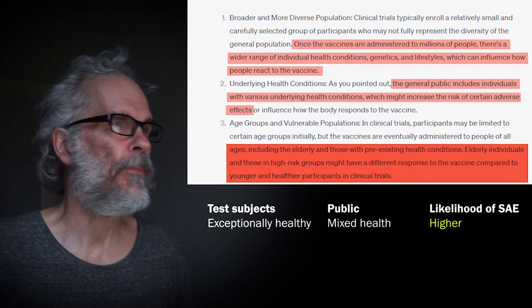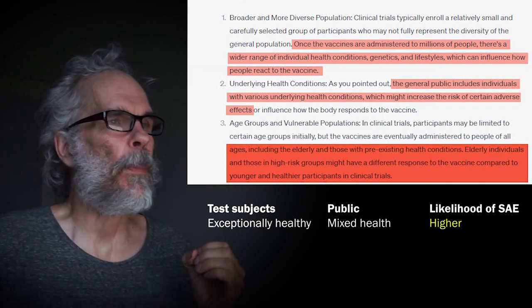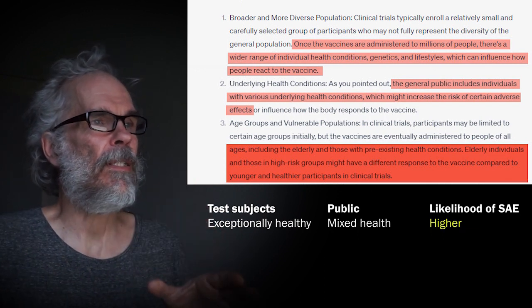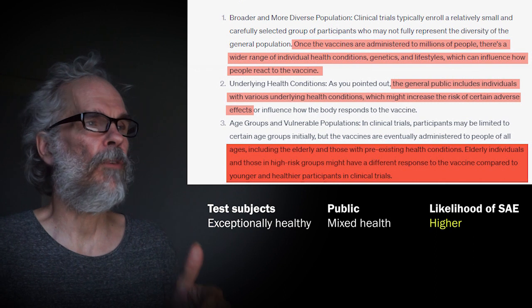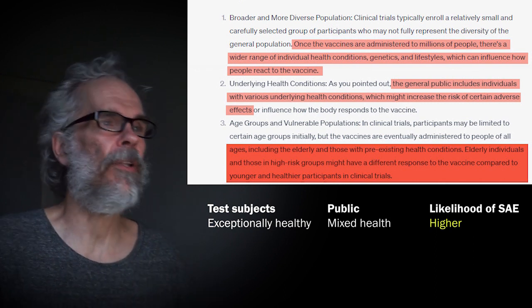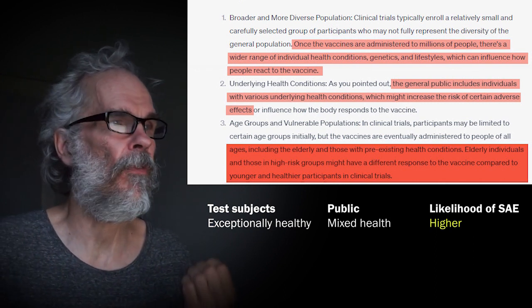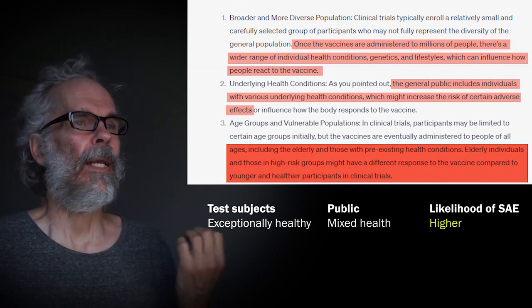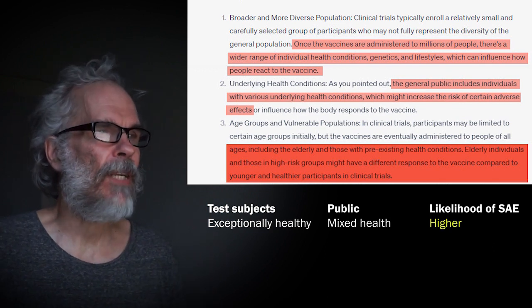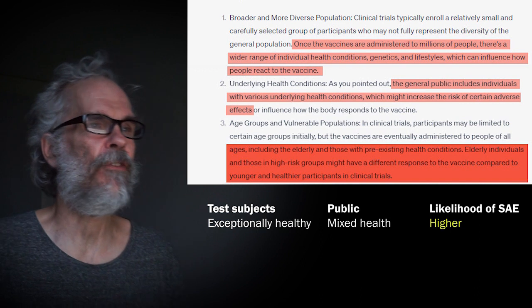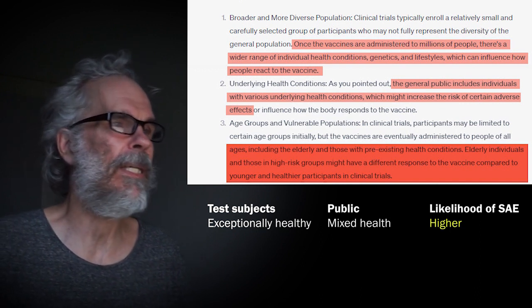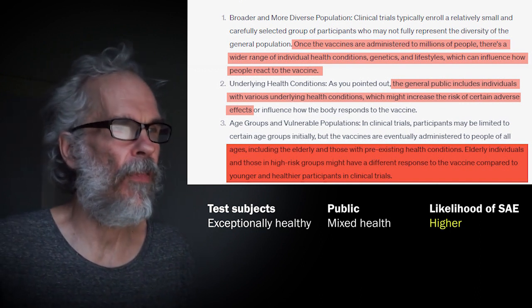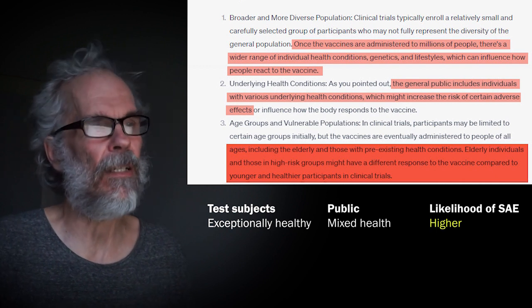And then the third, vaccines are eventually administered to people of all ages, including the elderly and those with pre-existing health conditions. Elderly individuals and those in high-risk groups might have a different response to the vaccine compared to younger and healthier participants in clinical trials.